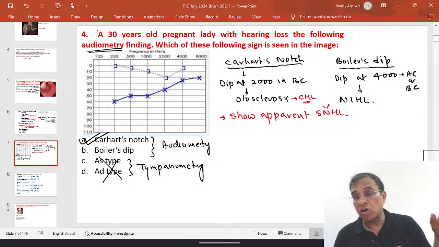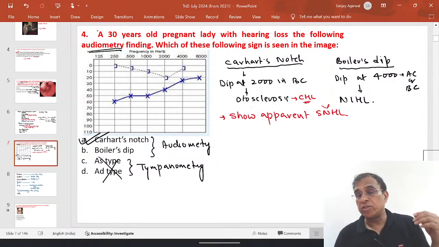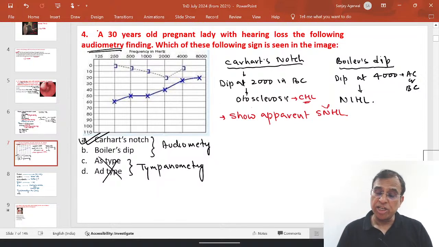So a disease like otosclerosis which has CHL should have changes only in the AC audiogram, but very strangely in otosclerosis, where there is only CHL, there are changes in the BC also. And like I said, any change in the BC is suggestive of SNHL, but in otosclerosis there is no SNHL.